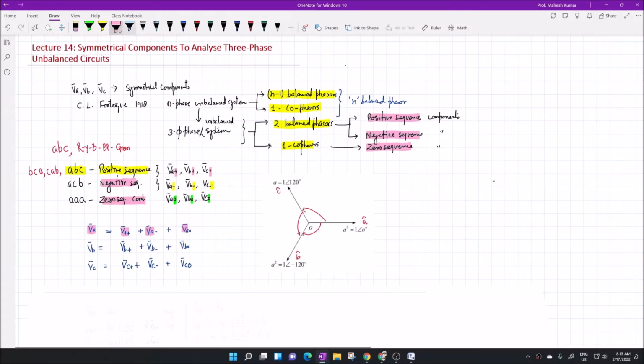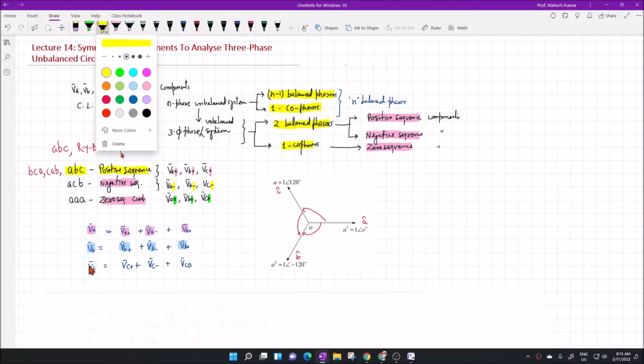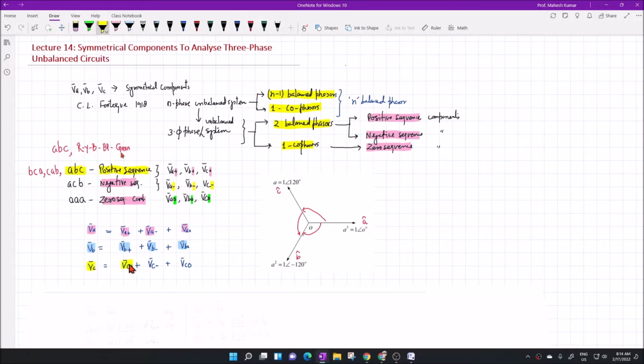Similarly, the B phase voltage phasor will be the sum of V_B plus, V_B minus and V_B 0. The bar is used to denote the phasor. And similarly, V_C is nothing but V_C plus, V_C minus, V_C 0. These components form the positive sequence.